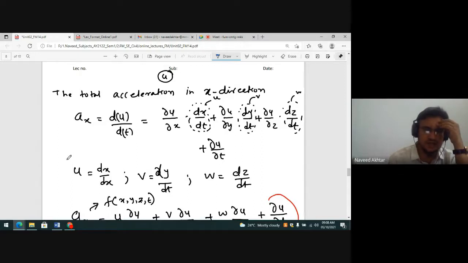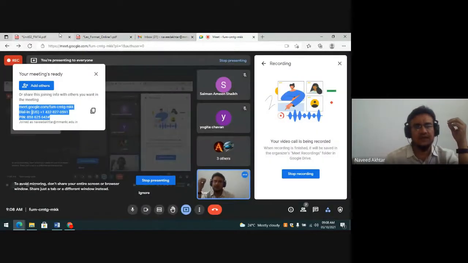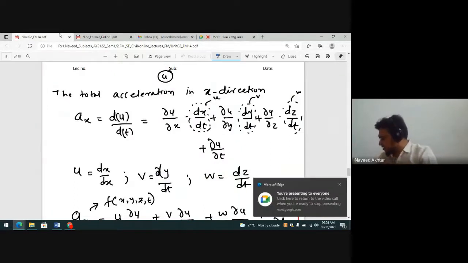So in x direction, if you consider the rate of change of velocity component u, du by dt is equal to dou u by dou x into dx by dt. dx by dt is the velocity u. Okay, the rate of change of displacement is nothing but velocity.